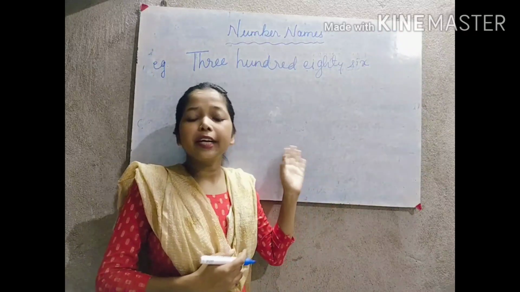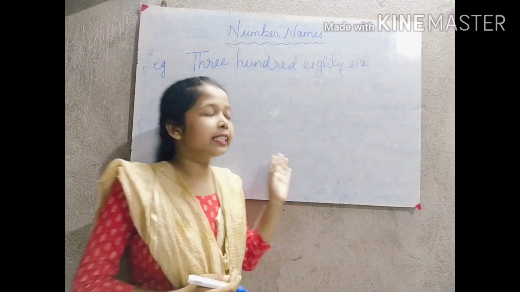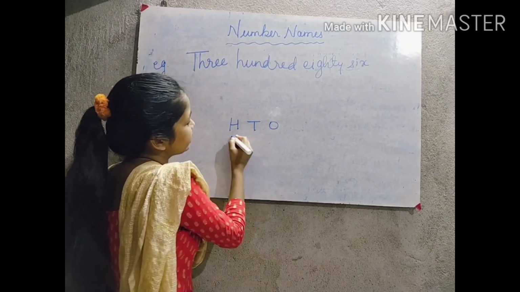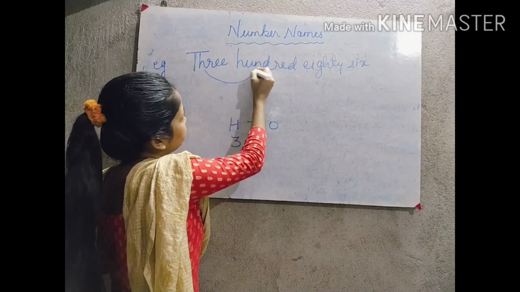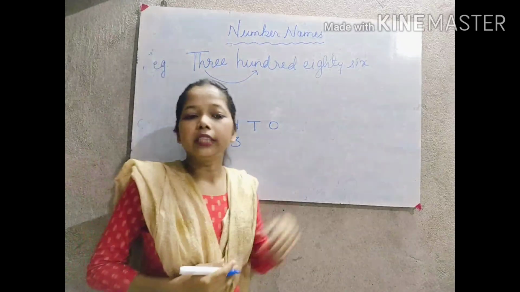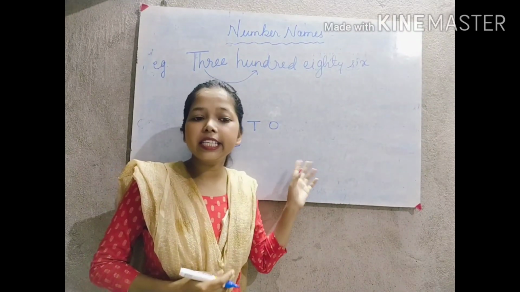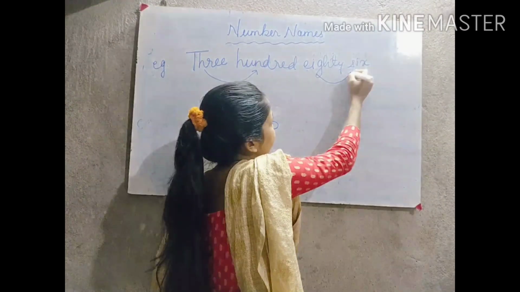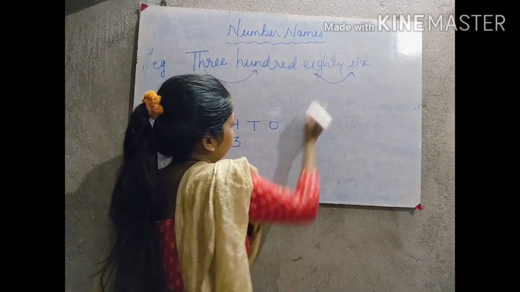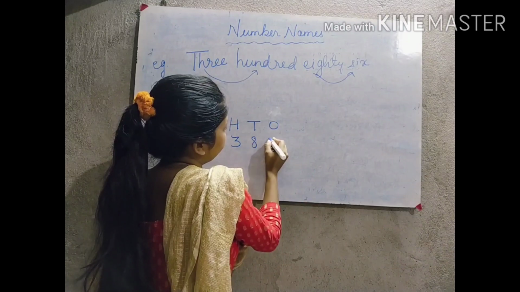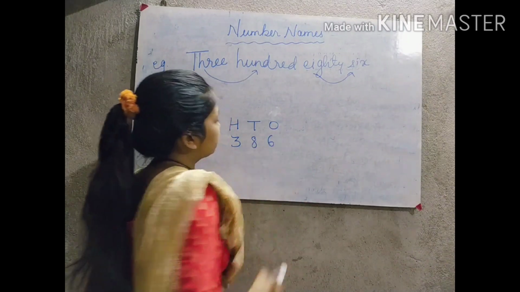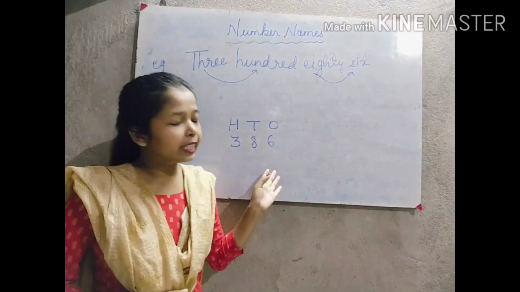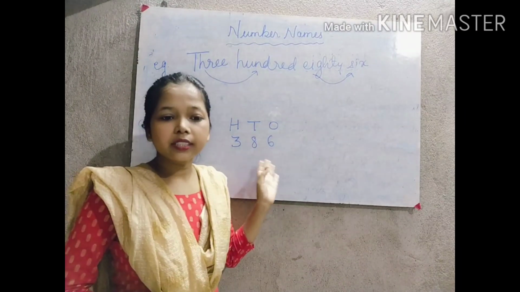Three hundred means the digit in the hundreds place is 3. And the digits in the tens and ones places together are 86. So we will write here 8 in the tens place and 6 in the ones place. 386. So the numeral is written as 386.